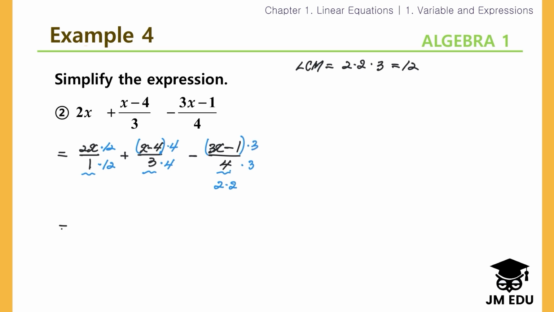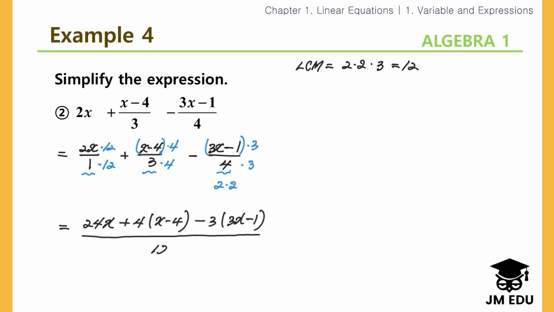So that's going to be 2x times 12, that's 24x, plus 4 times (x minus 4), minus 3 times (3x minus 1), over common denominator 12. So far so good.